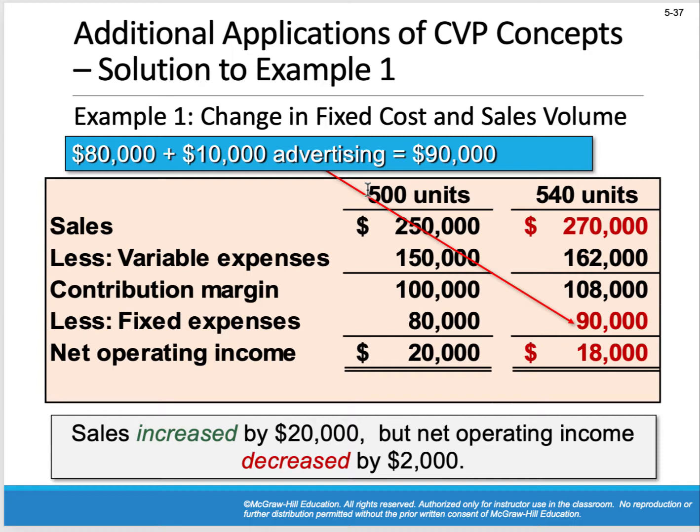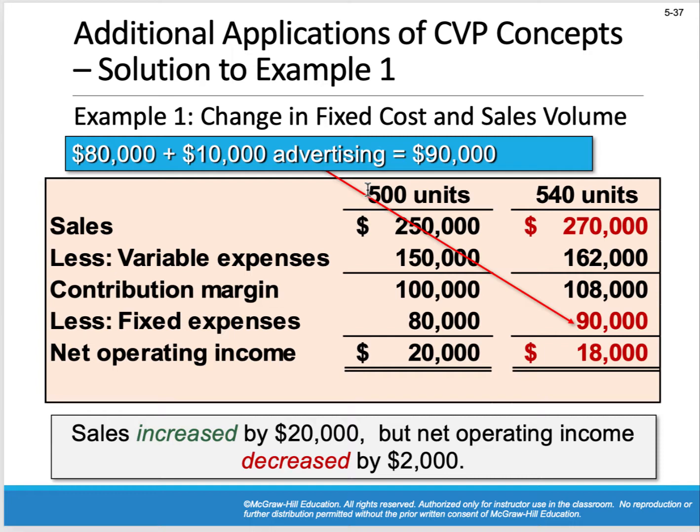We can prepare a contribution formatted income statement, and we can see that the profits will actually decrease by $2,000. So by increasing sales by 40 units, that's going to increase our sales.